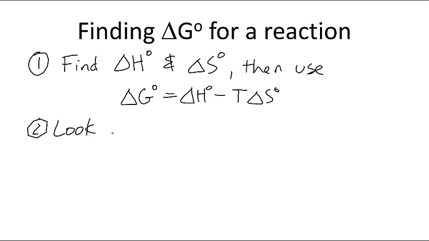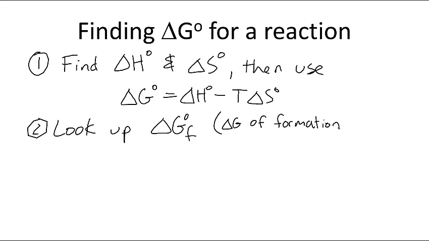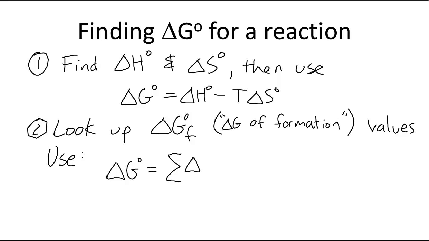look up delta G of formation values, and then you use pretty much the same equation as we said for delta H and delta S. This is also on your formula sheet.